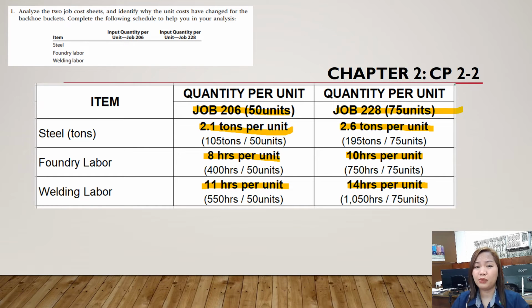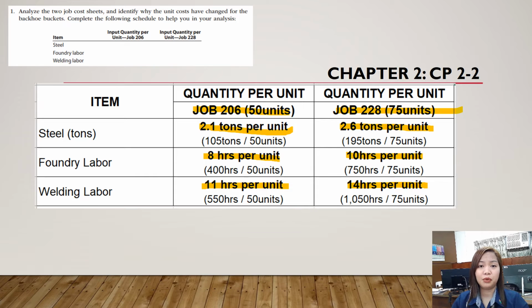And for welding labor, from 11 hours per unit to 14 hours per unit. So, based on this, there are increases in the raw materials as well as the labor used in the production. So, the question is why?